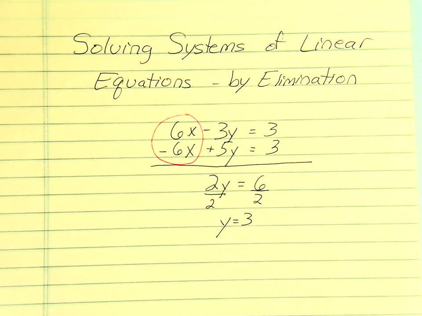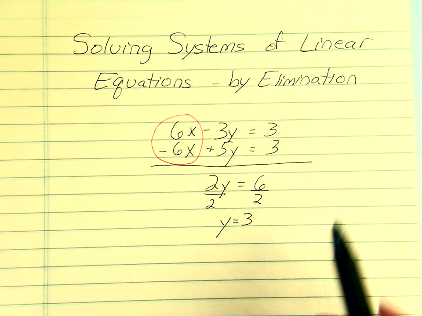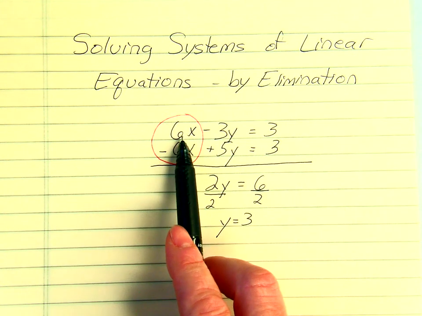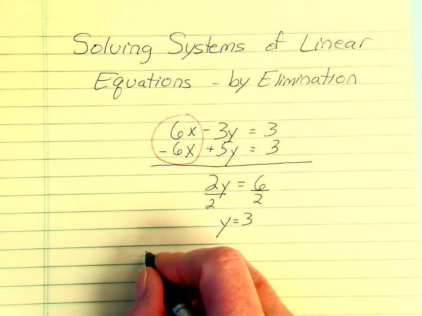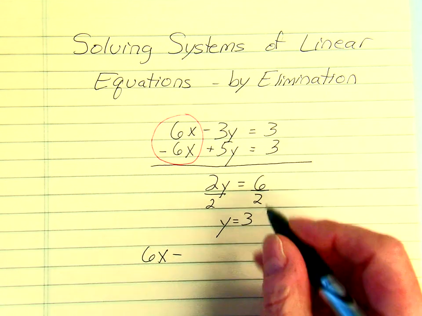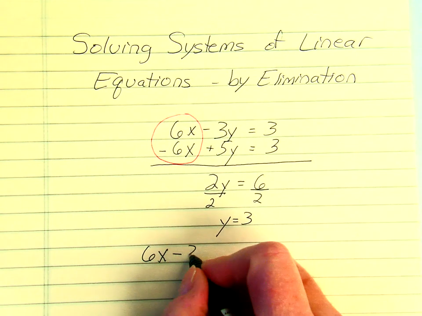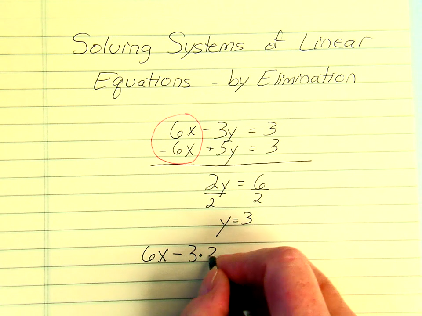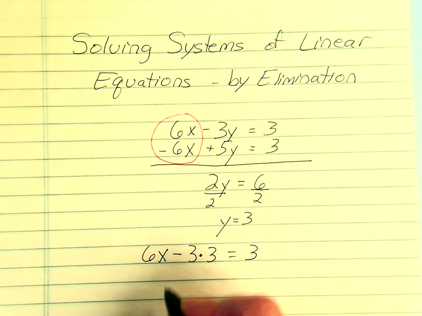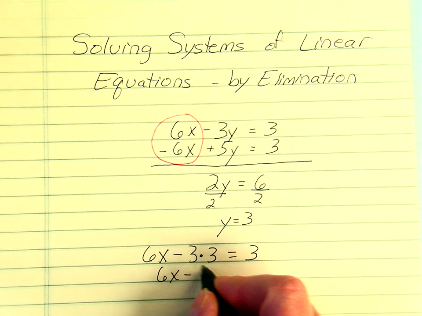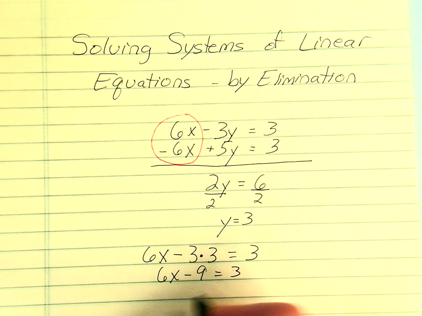Now we have to go back and solve for our x value. We can use either equation. I'm going to go ahead and use the top equation. So 6x minus now 3 times y, which is 3, equals 3. So 6x minus 9 equals 3.